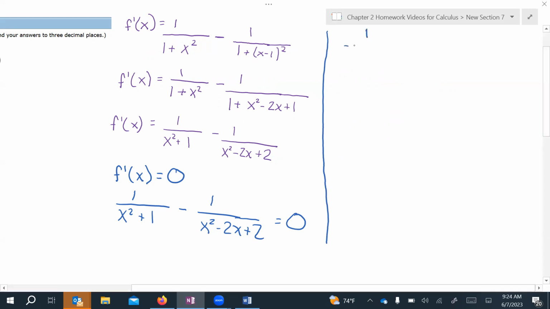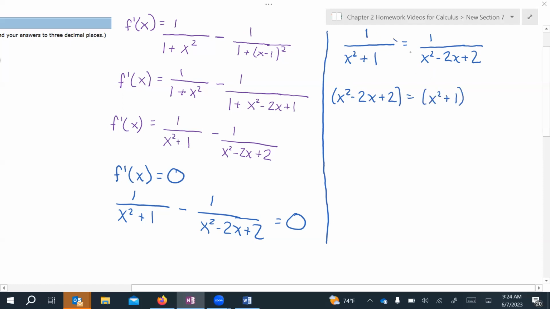When we do that, we end up with 1 over x squared plus 1 equals 1 over x squared minus 2x plus 2. Then using the cross product property, since we have a proportion, this happens when x squared minus 2x plus 2 equals x squared plus 1 times 1.